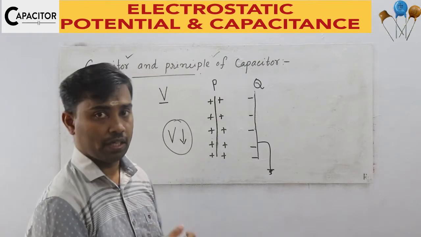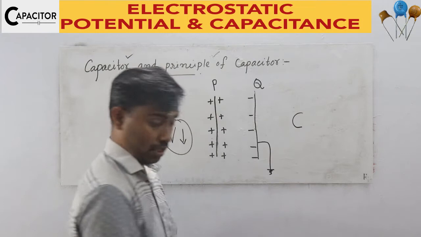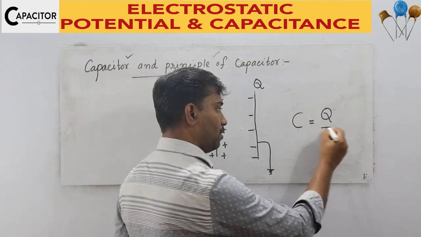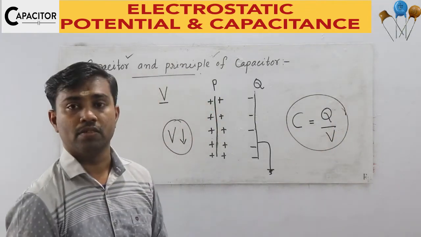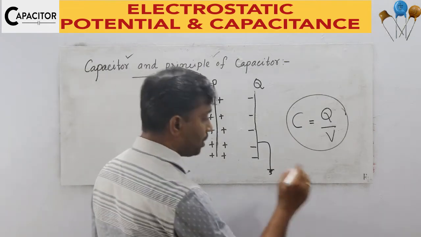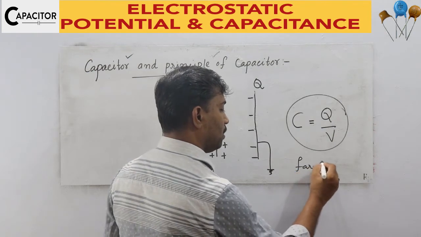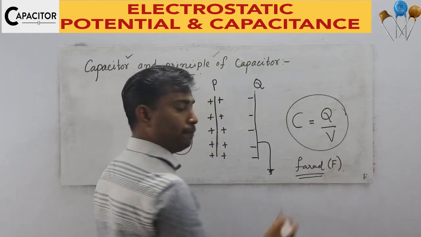That also we can apply. So here we can find the capacitance of a conductor: C is equal to Q by V. So this is the equation for finding the capacitance of a capacitor. The unit of measuring the capacitance of a capacitor is farad, represented by capital F.